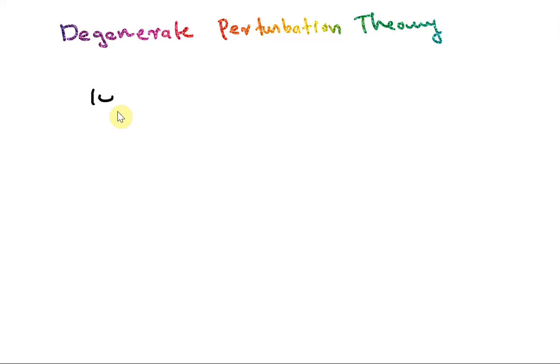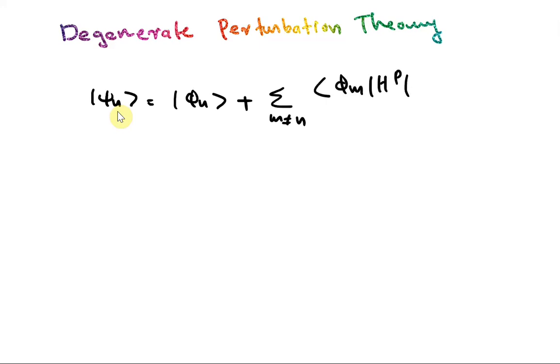According to the perturbation expansion, psi n we obtained as phi n plus the first term, sigma m not equal to n, phi m Hp phi n divided by En0 minus Em0.